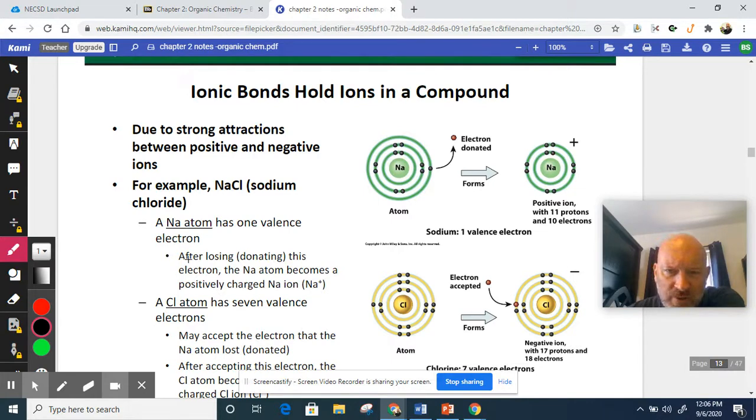As it donates this negatively charged electron, it's losing a negative particle. And what happens when you lose a negative particle? You have 10 electrons but 11 protons. That gives you a charge of +1, and we represent that here by putting a plus sign.